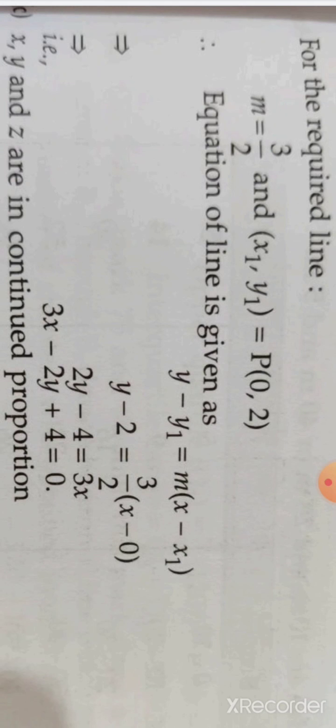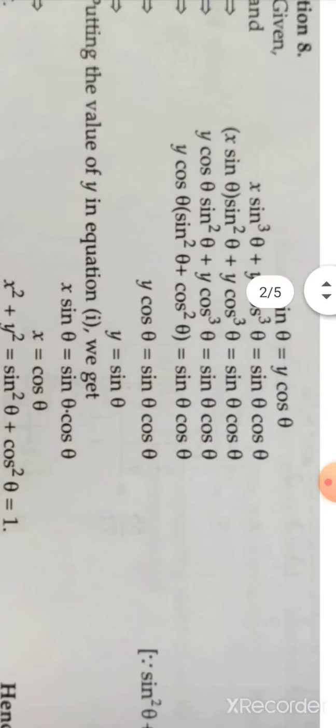Now taking 2 from the left hand side in multiplication with both the terms, we get 2y minus 4 is equal to 3x. So by taking all the terms on one side, we get the equation as 3x minus 2y plus 4 is equal to 0. This is our answer number B part of question number 8.